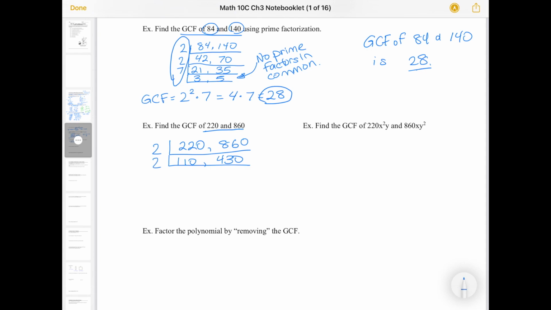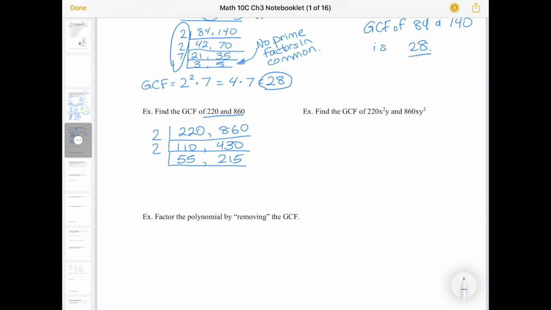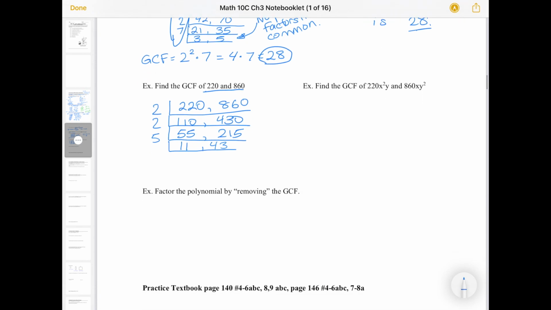Again, I can divide by 2, and I get 55 and 215. Okay, well, both of these numbers end with a 5, so I divide by 5, and I get 11 and 43, and now there's nothing left in common, so I'm done.